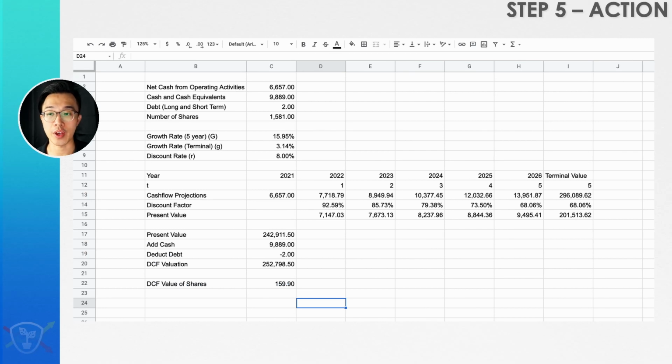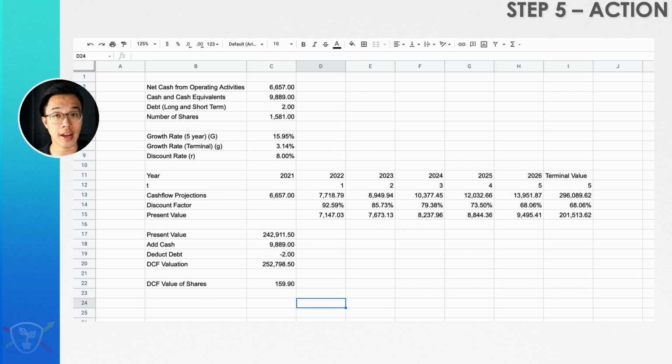Basically in step 4, we have completed the calculation of the discounted cash flow valuation model for Nike based on these parameters that we have chosen. In step 5, what we're going to do now is we're going to compare this with the current share price of Nike.